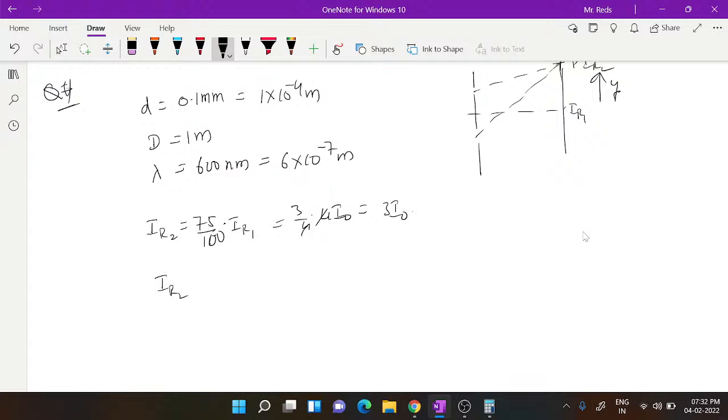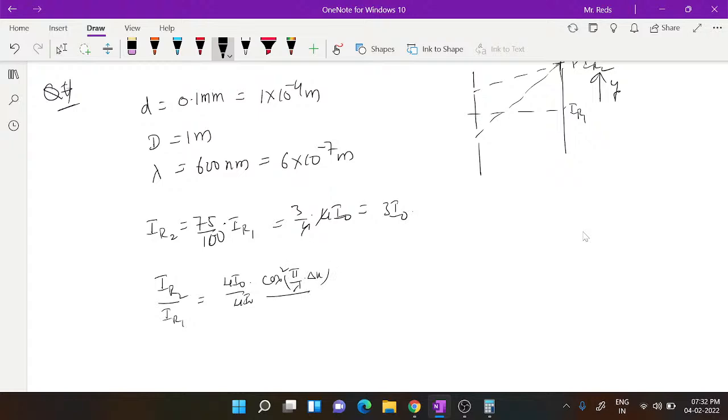Let us say directly IR2 by IR1 is equal to 4 I naught by 4 I naught into cos square. In terms of path difference, it is pi by lambda into delta x.